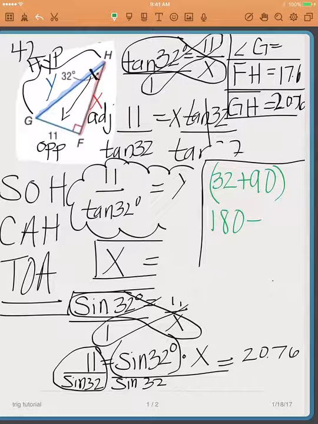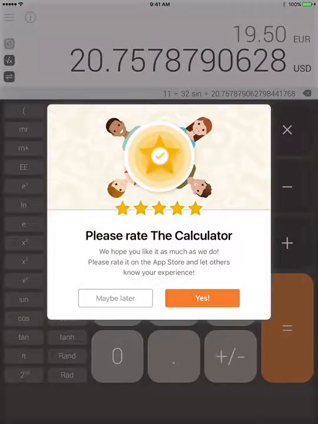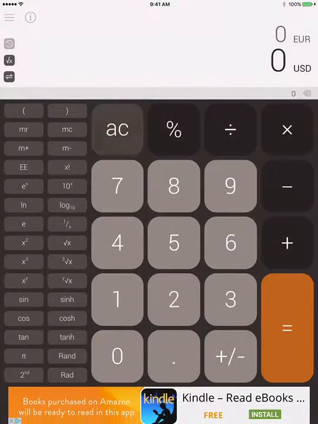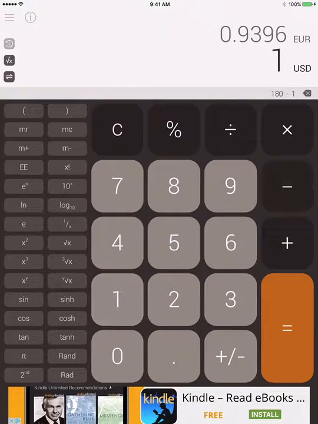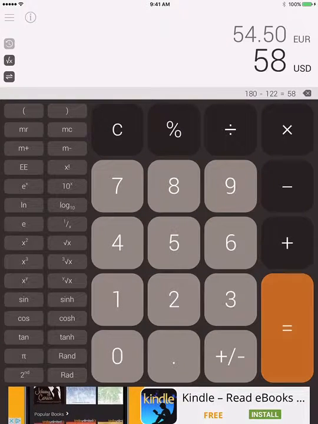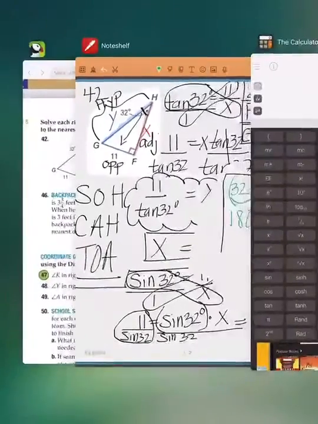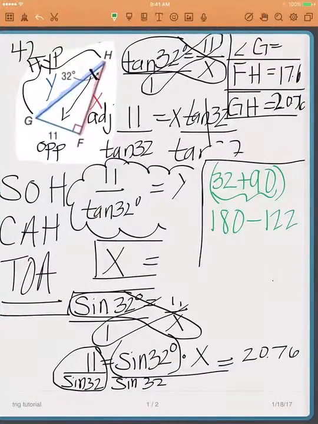So 180 minus whatever this sum is will give me that remaining angle. So that's going to be 122. So I have 180 minus 122 equals 58. So I get 58 degrees, and that's going to be my angle there.